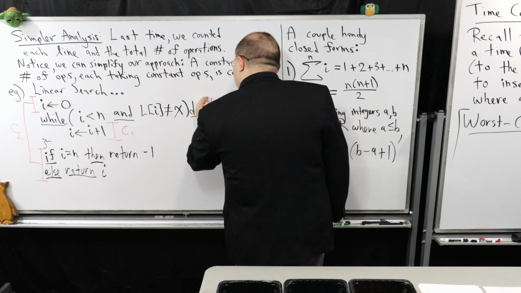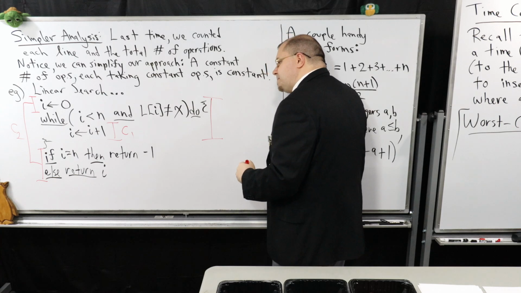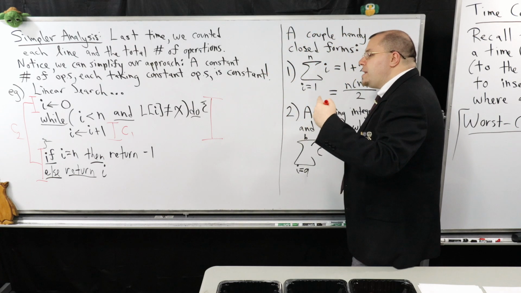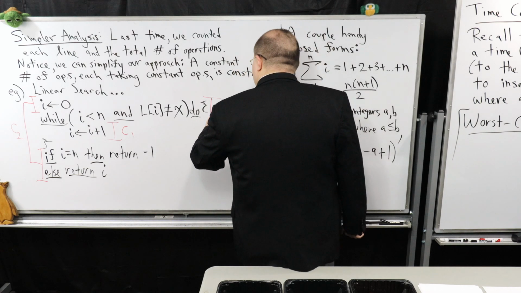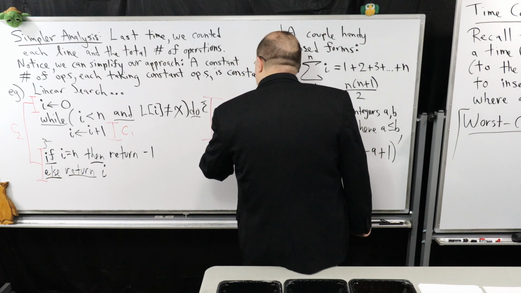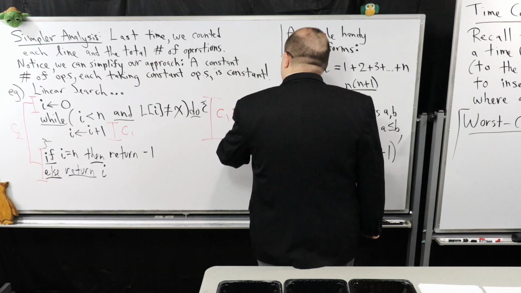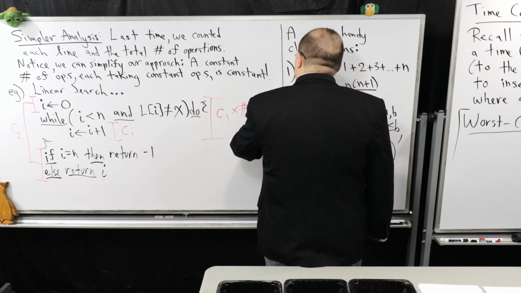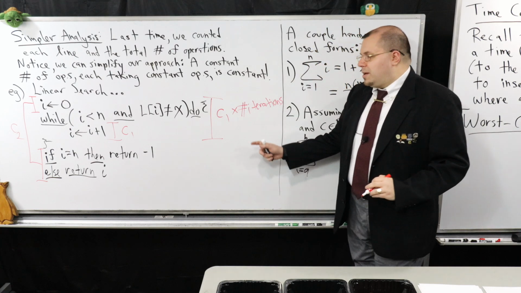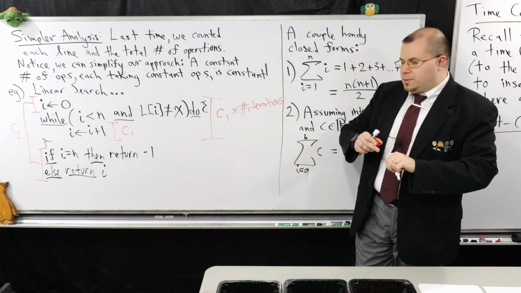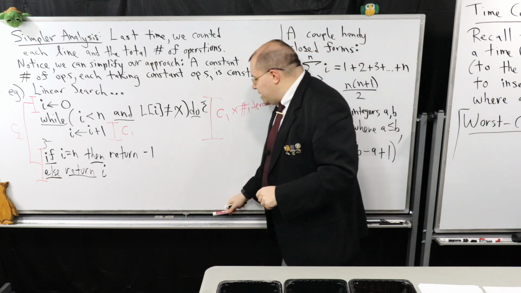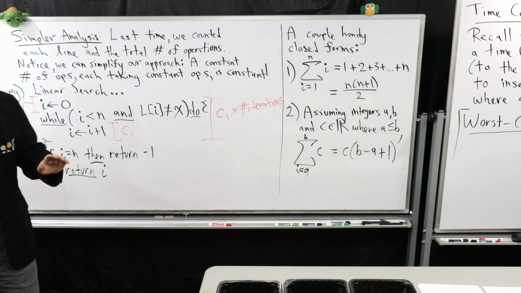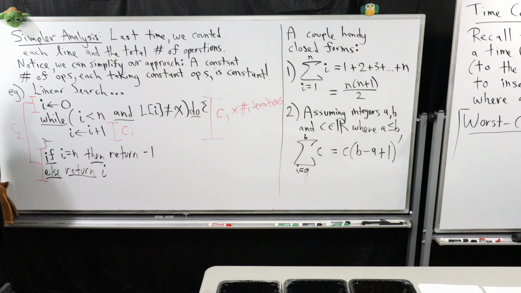So if I take all of this together, if I wanted to count up how many times this line occurs, well, it's C1 times the number of iterations of this loop, right? The number of iterations of the while loop. Now, in the worst case, could somebody tell me how many iterations there are of this while loop where it performs this assignment? Could somebody tell me?